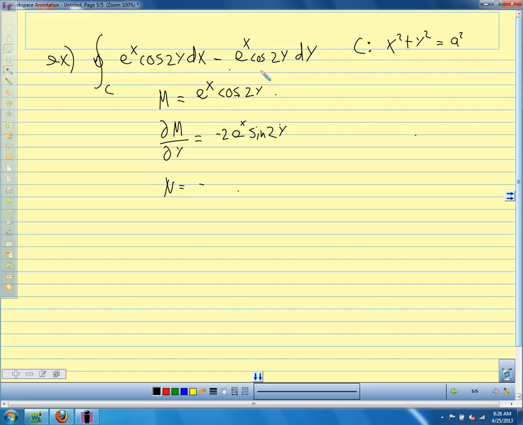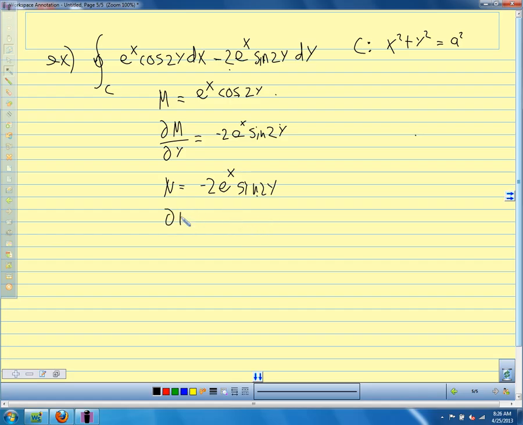No, not. We want the 2. It was perfect originally. Oh, right. Yes. Yeah, sine. Yeah, I was right. I was right the first time. All right, so N is minus 2 e to the x sine 2y. Why did I doubt myself?